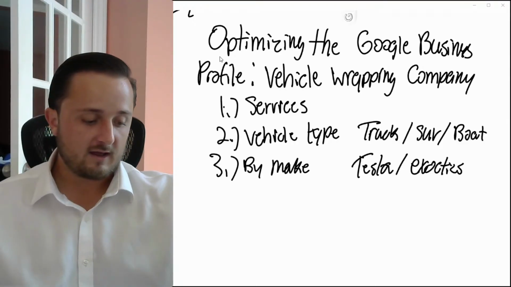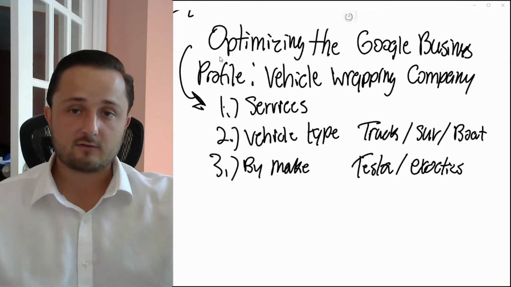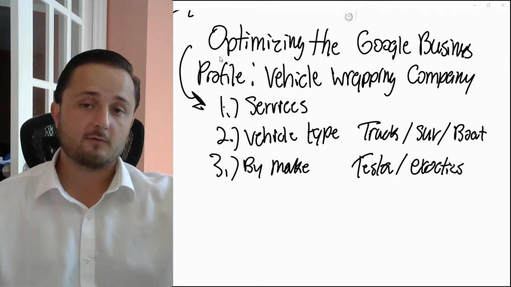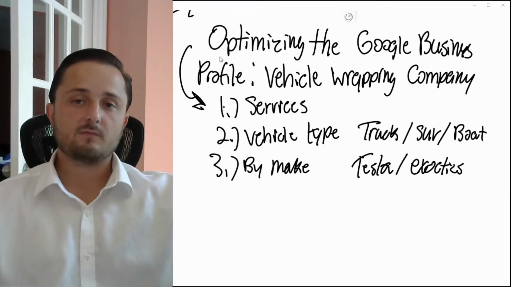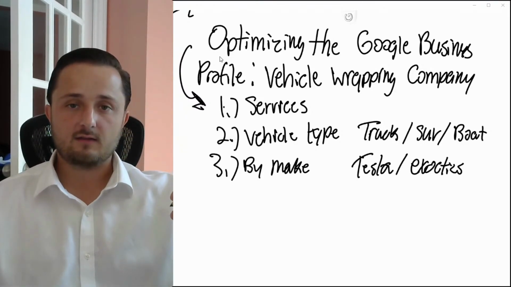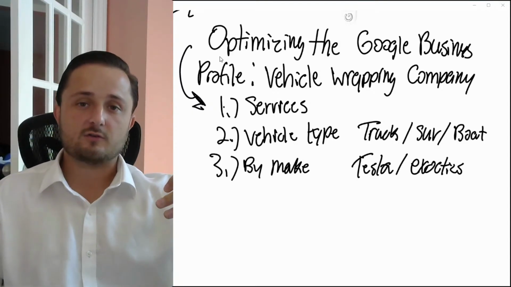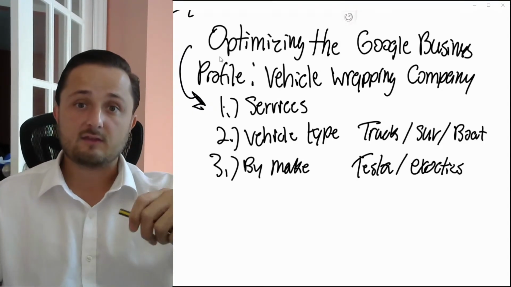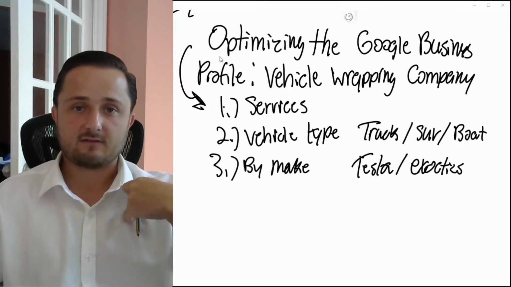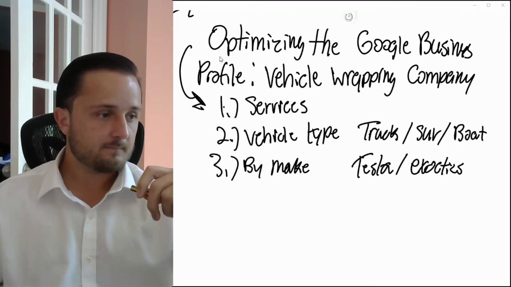This is also something that I would go and look at in my clients' currently set up Google Business Profile and see what are they doing. What we want to do is start targeting keywords or search terms people are looking for when they are looking to get this service or this product that I offer as a vehicle wrapping company, right?